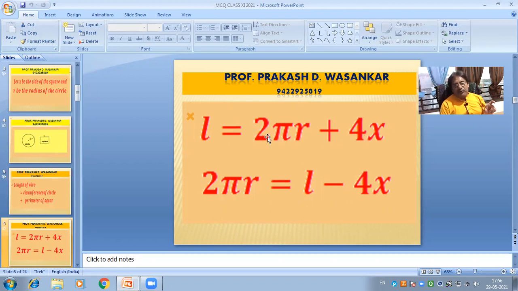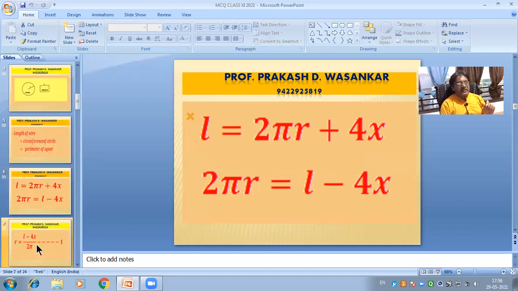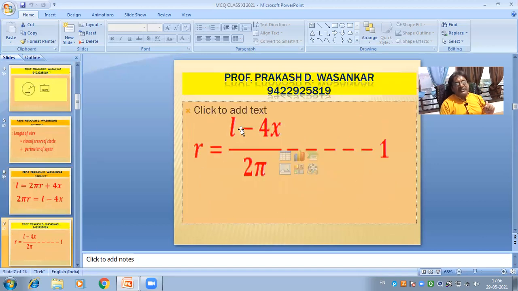From this we find 2 pi r. 2 pi r is equal to L minus 4x. And from this step we find r. For finding r, divide both sides by 2 pi. Therefore r is equal to (L minus 4x) upon 2 pi. And this is equation number first.